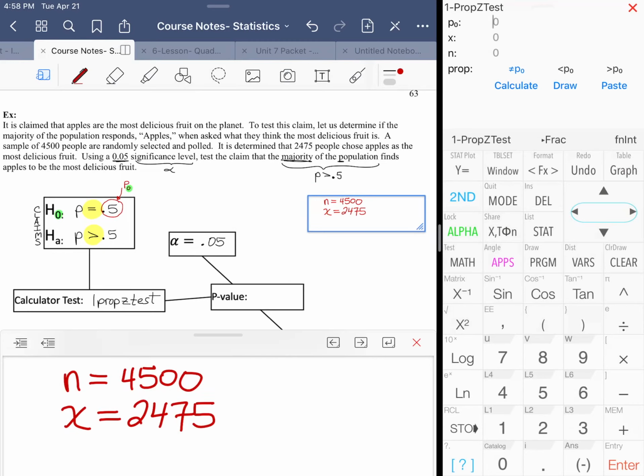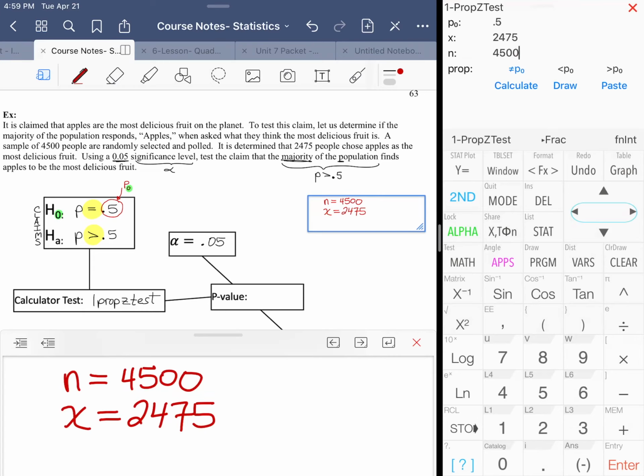Now that'll give us a percentage if we divide the two, but we don't need to do that. We just need to pop these numbers in here. Generally, the problem is going to give you the N value first and the X value. When you put it in your calculator, you're putting in the X value first, then the N value. So 0.5 for the assumed P, 2,475 for the X, and 4,500 for the N.